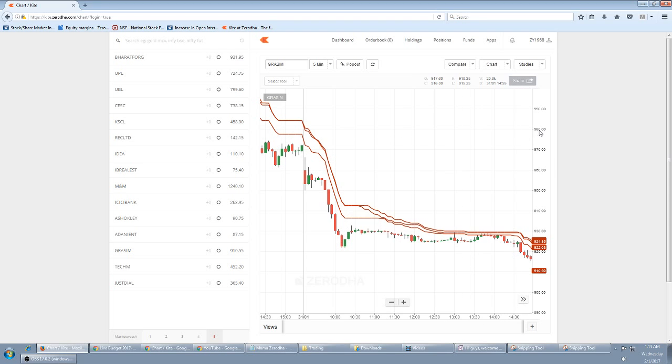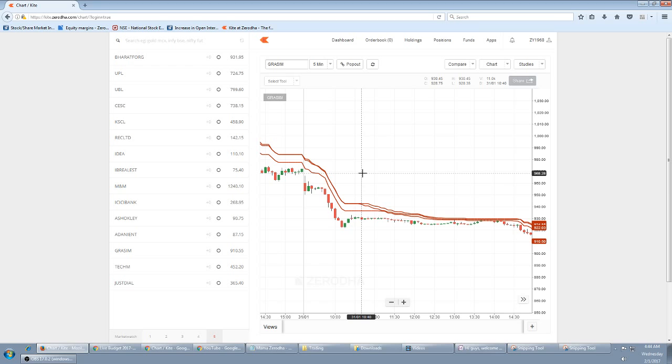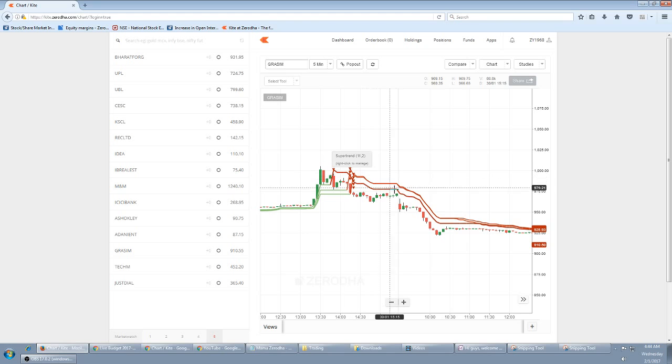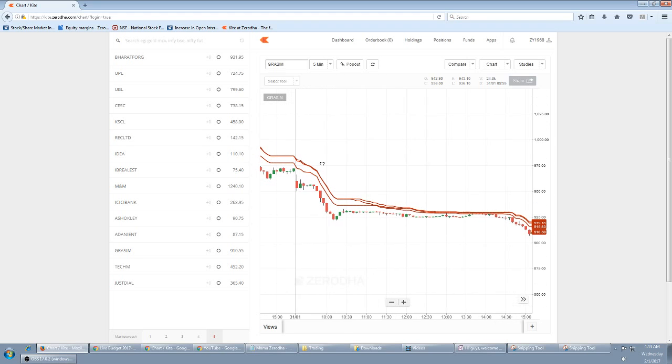The trend continued. So in this case also, you can be very sure that you can go short, because you already got all the 3 red arrows yesterday, and the flow is continuing, so you can easily go short and book the profits according to your convenience or according to your greed.